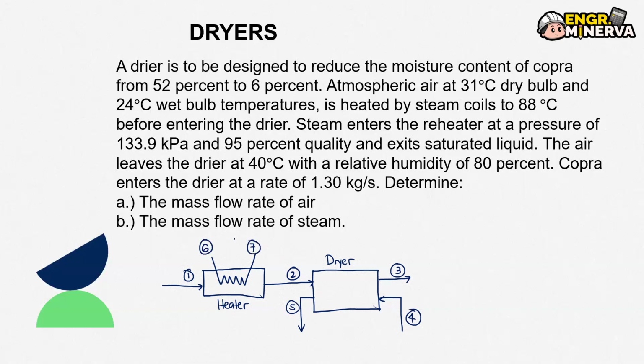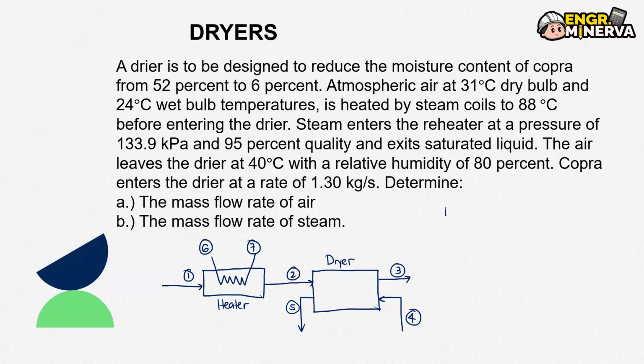Okay, let's have all the givens now. It is said that the dryer is designed to reduce the moisture content of copra from 52% to 6%. It means the moisture content, pahin mo na lang siya 6%. Okay? Let's have first all the properties at every point.